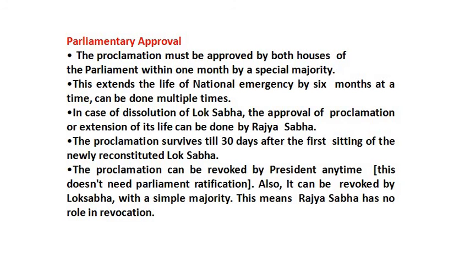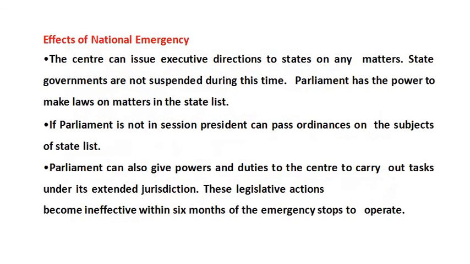If Lok Sabha is not in session or dissolved, the Rajya Sabha approval alone is sufficient. But when the new Lok Sabha is elected, then within 30 days of the sitting of the newly elected Lok Sabha, it has to be approved. Then the effects of national emergency.